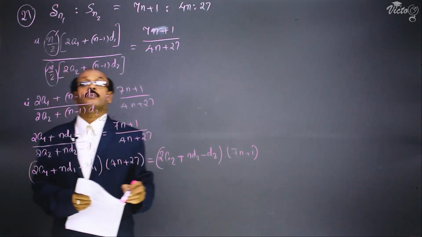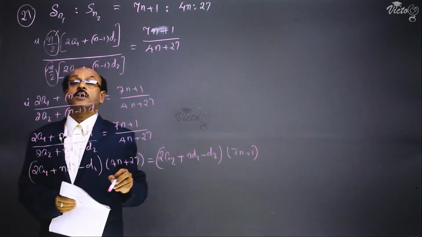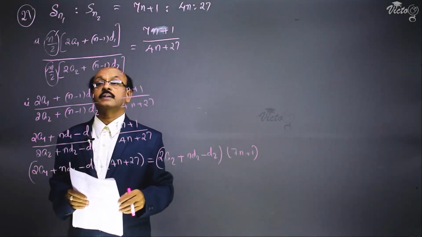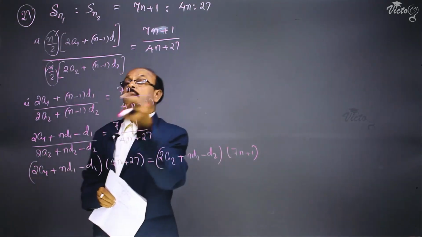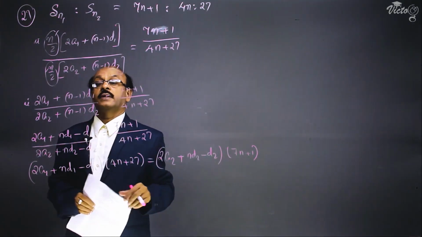So, if we are substituting instead of n, we want to find out the ratio of the ninth term. Ninth term means 2a1 plus 8d1 and 2a2 plus 8d2.